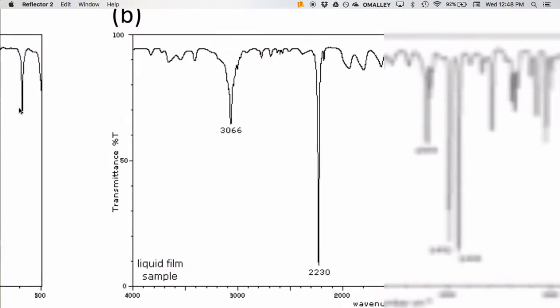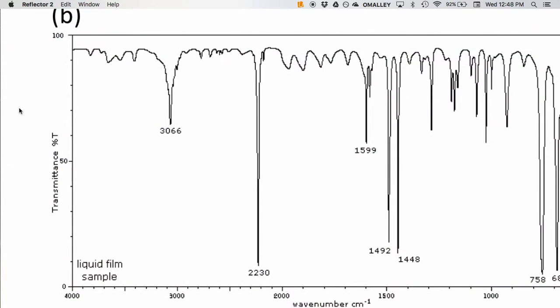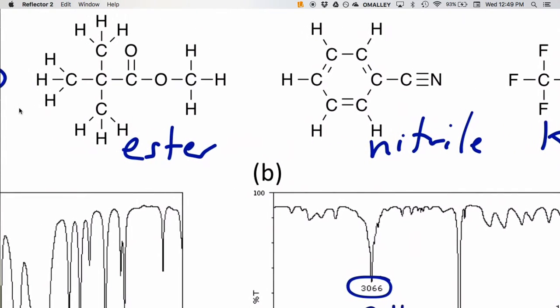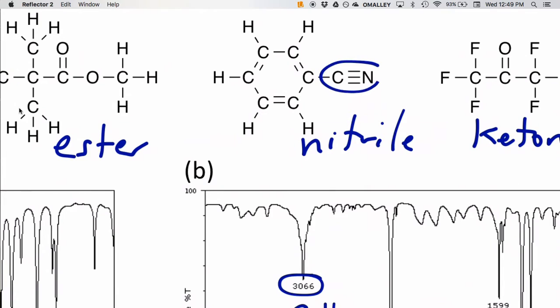Okay, so let's take a look at the next one. The next one has pretty sharp peaks. The first one that stands out the most is this 3000 here. Also this 2200 is pretty unique. At around 3000, I'm thinking it's probably a CH bond, and then in the 2200s, if I look back up at the chart above, that's a C triple bond something, either a carbon or a nitrogen based on that reference chart. And if I look at the examples, the only molecule of the remaining 3 that has a triple bond is the nitrile right there.